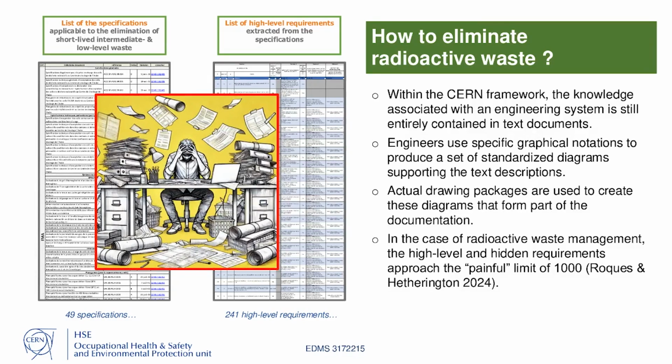The point is that we approach, for instance, with our process, a painful limit of 1,000 requirements that I found in some references like the one by Pascal Roque and Hetherington, that becomes quite painful to manage the traditional way with Excel lists and text documents.